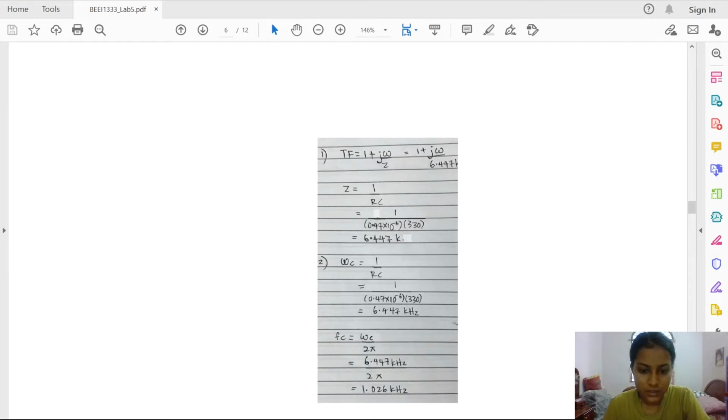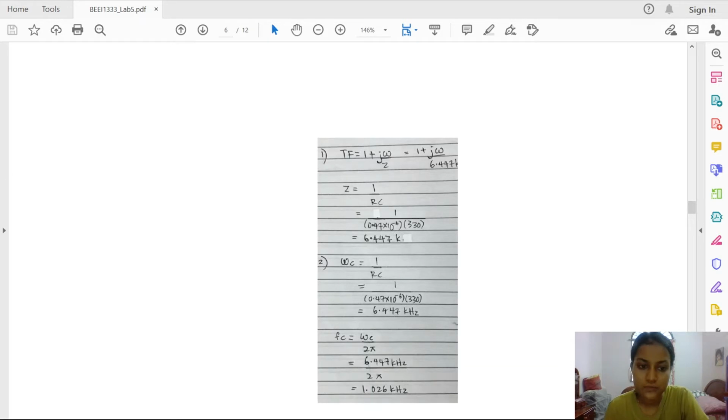I got 6.447K for TF, and omega C I also got 6.447 kilohertz, while for frequency, when we converted it into frequency from omega, we got 1.026 kilohertz.